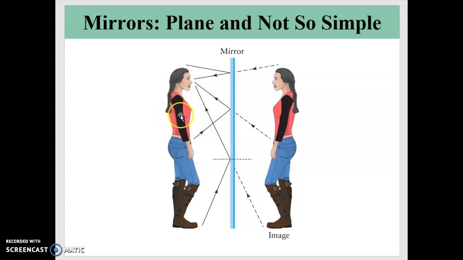So when this woman is standing in the mirror and she sees her reflection, she sees somebody that is just as tall as she is. And not only that, but the person appears to be on the other side of the mirror just as far away as she is on her side. So everything is symmetric with flat mirrors, but not so with curved mirrors.